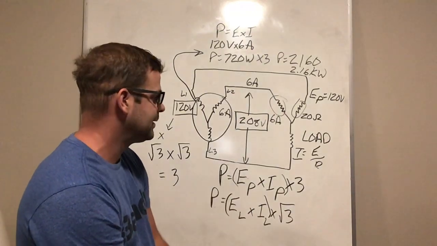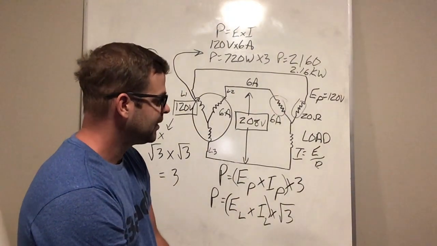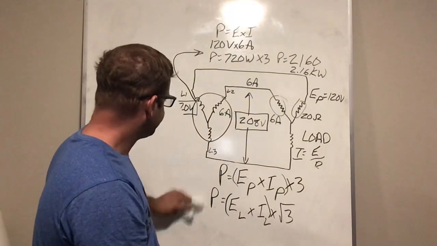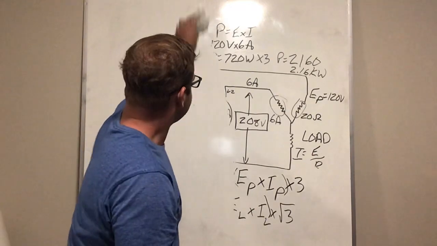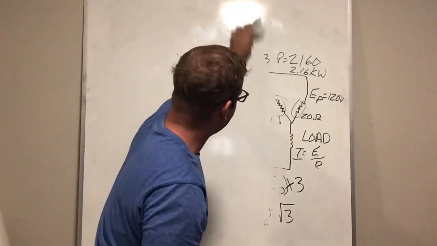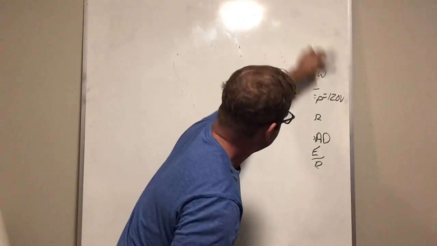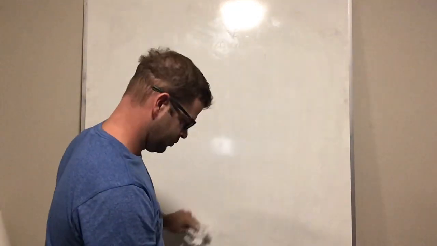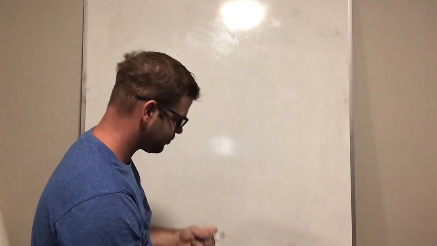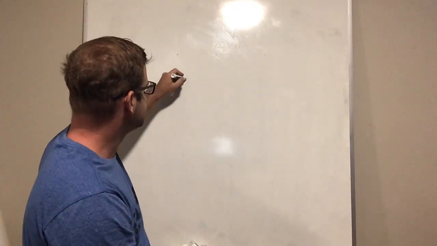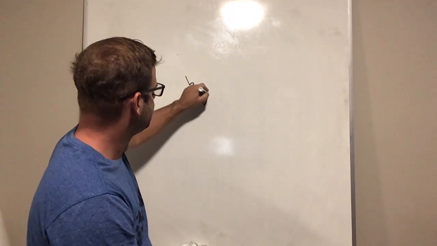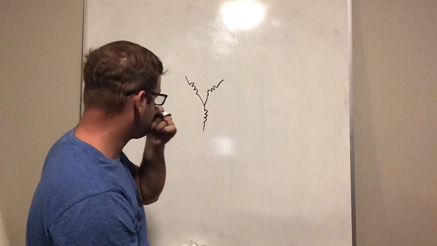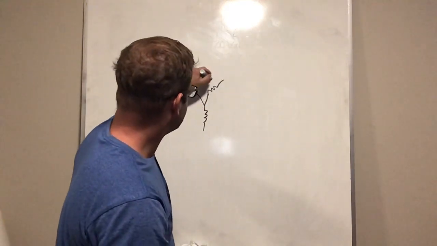So I'm going to put an example on the board, and then you can pause the video and work your way through it before I end up doing it. So we have our first, and this is our supply.